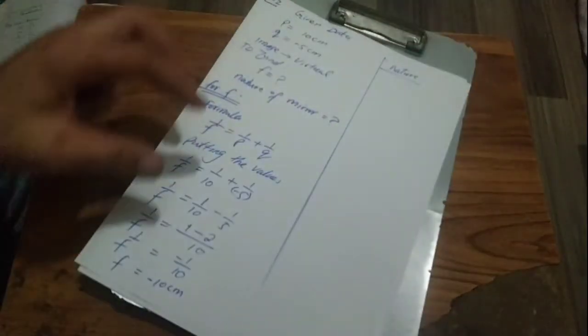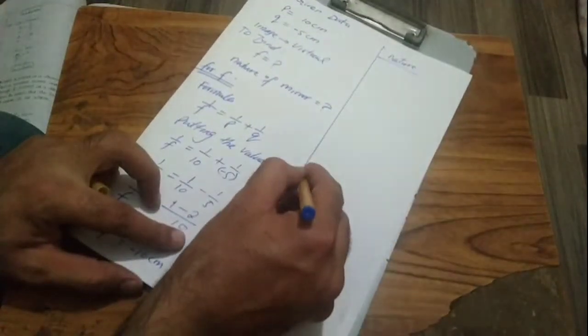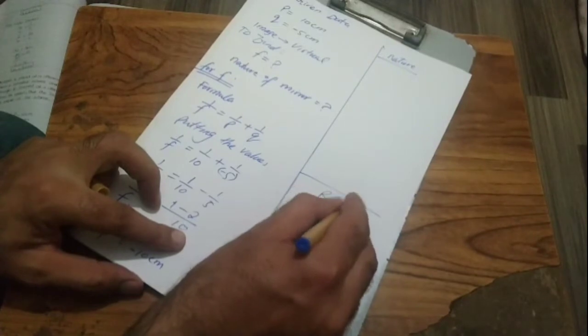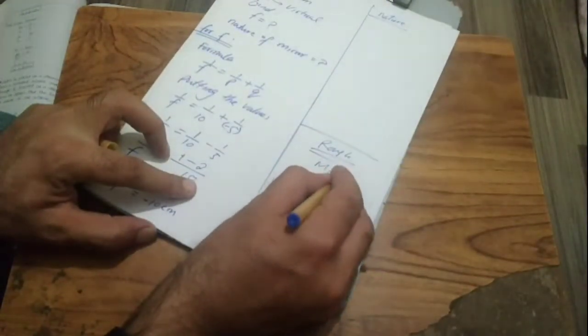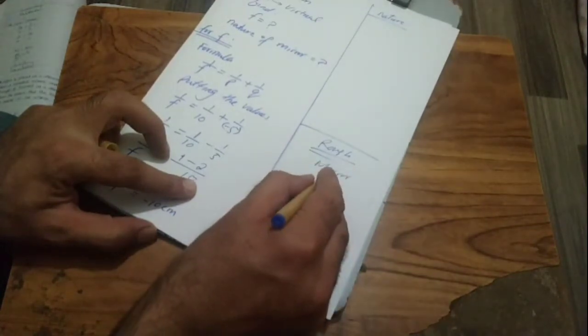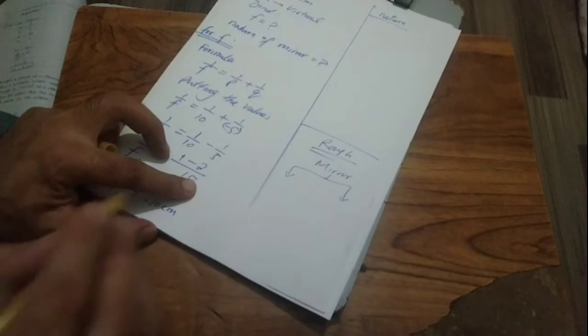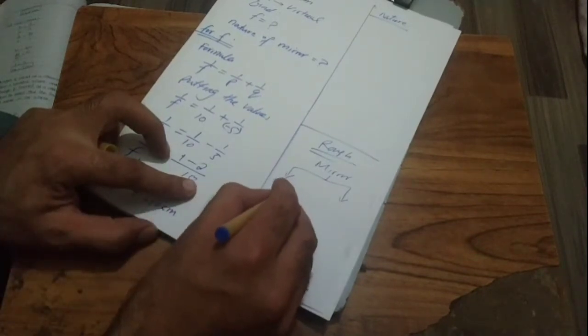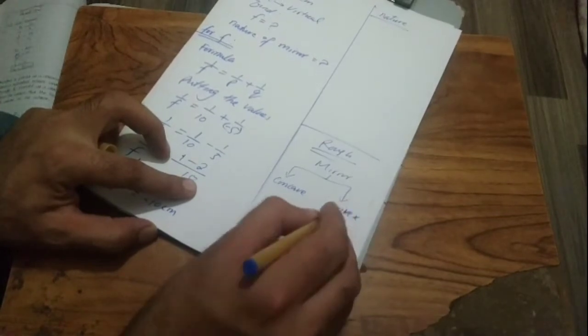For nature, let me explain some rough work over here for you. This is rough work to understand the nature. We have two types of mirrors, one is concave and the other is convex.